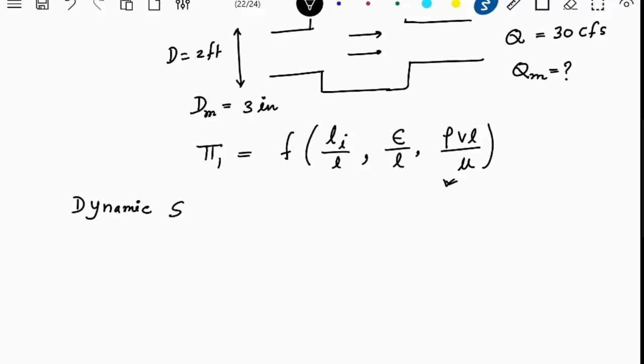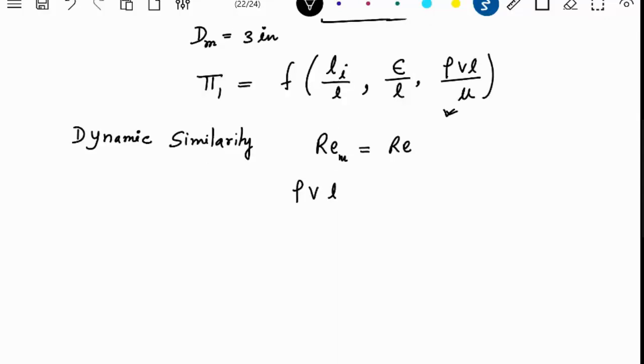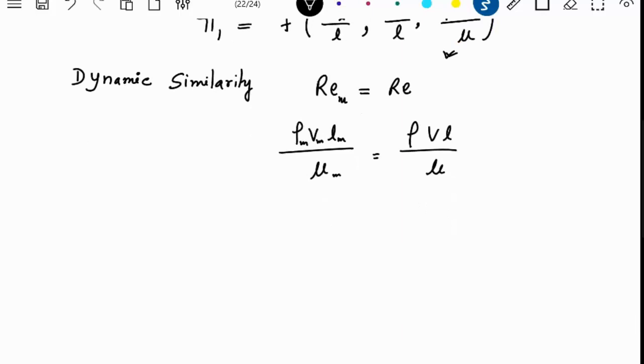If you consider dynamic similarity between model and prototype, that is the Reynolds number in the model equals the Reynolds number in the prototype, you can write rho V L divided by mu for the model and for the prototype. Now we are using the same liquid, water, in the prototype and in the model, so rho m is equal to rho and the viscosity of the model is equal to the viscosity of the prototype.